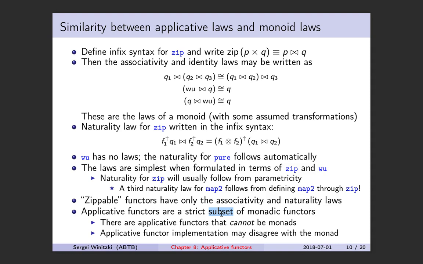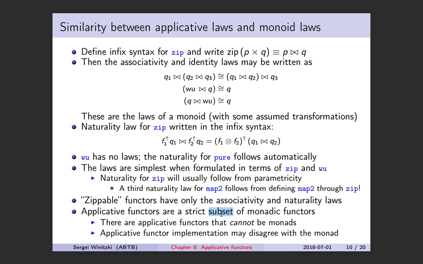In other words, we may want to define map2 and zip and so on in a different way for a functor that already has a monad implementation. But for some purposes, we might want to define it in a different way.